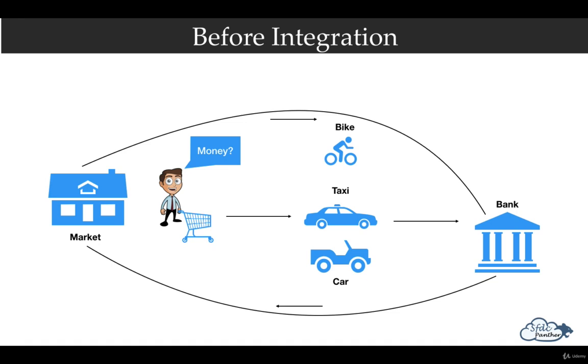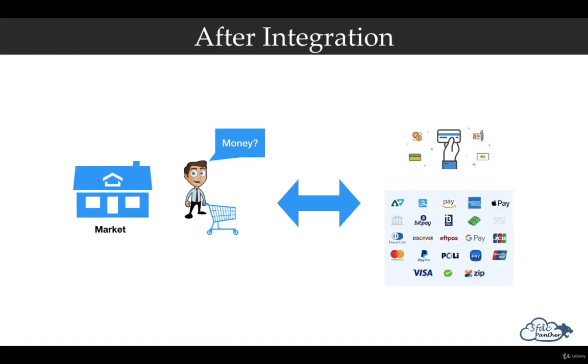Now let's talk about the same scenario after integration came into the picture. The same scenario: the person is going to the market, forgetting their wallet, forgetting to carry the money bag. In that case, when the person remembers that they forgot the money, they will think that in the market there are multiple payment processing apps.